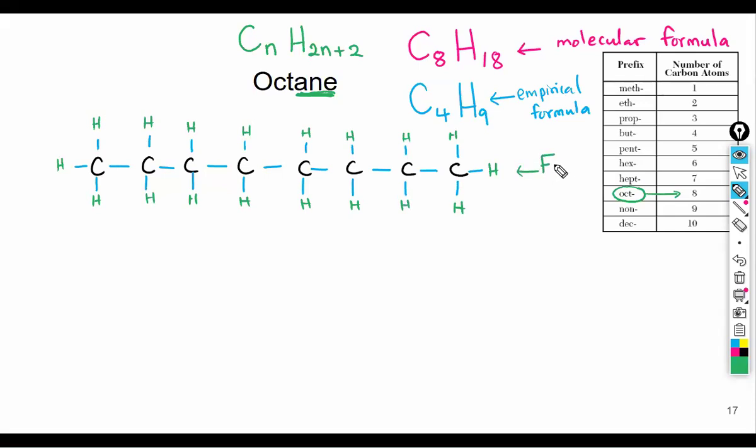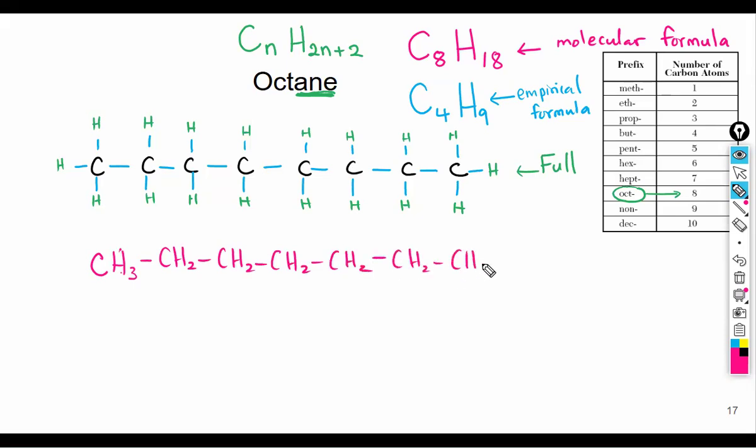This here, I'll just put full, right? The full structural formula. And the shortened structural formula, well, you put the C here, H, so I'm sticking there, CH3, and then I have 1, 2, 3, 4, 5, and 6.